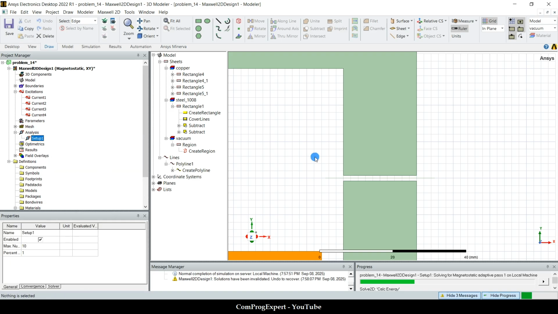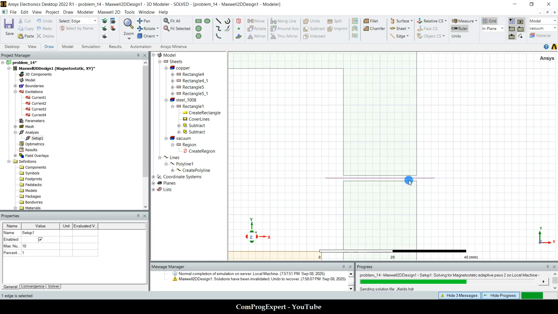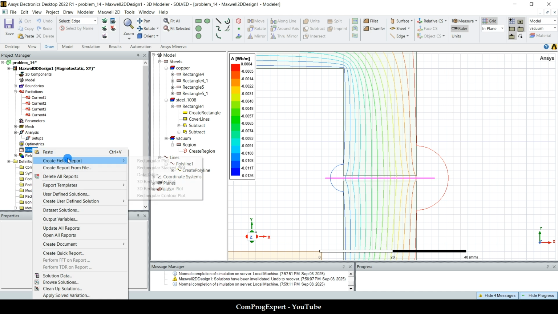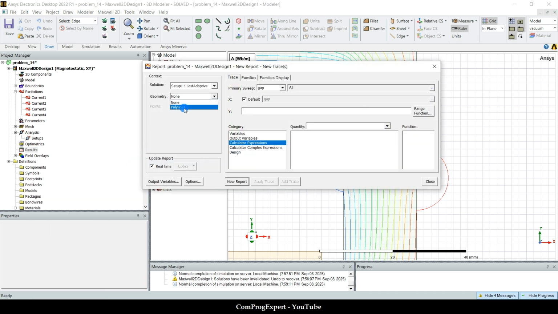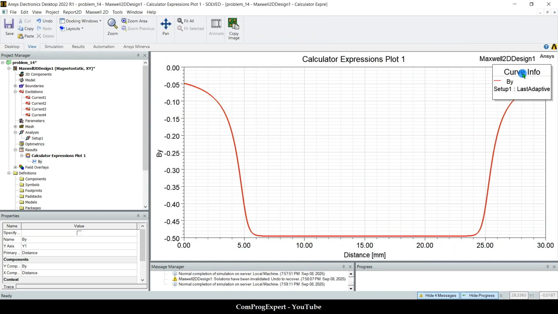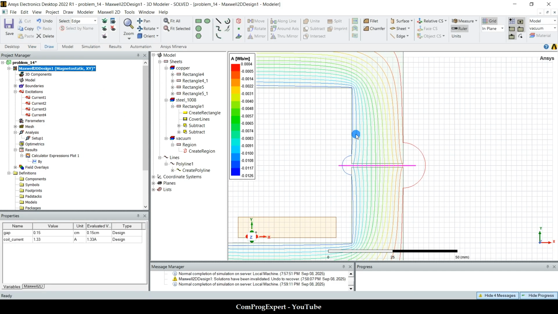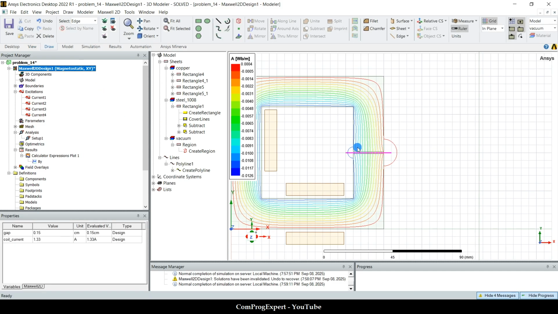I want to plot the y component of the B on this edge in the air gap. And my aim is to build up the desired amount of flux density on it. So field report, this is the polyline 1, By. Yes, as you can see, this is in the negative direction of the y, because this is the direction of the field.